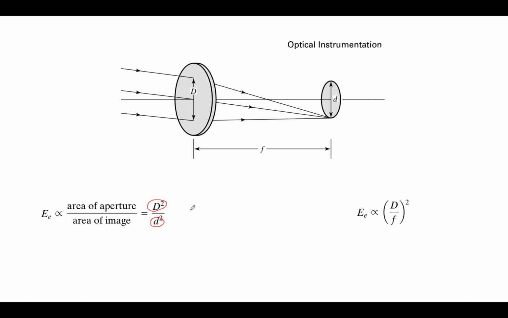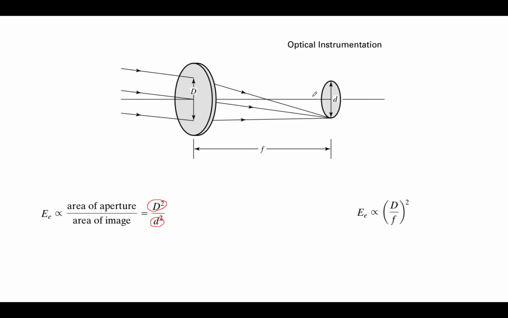And then we also know from when we studied lenses that magnification, that is height of the image by height of the object, could be expressed in terms of object and image distances.